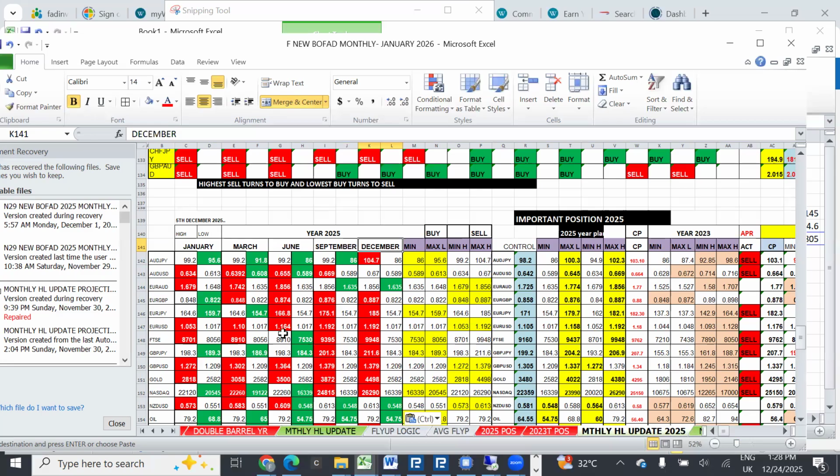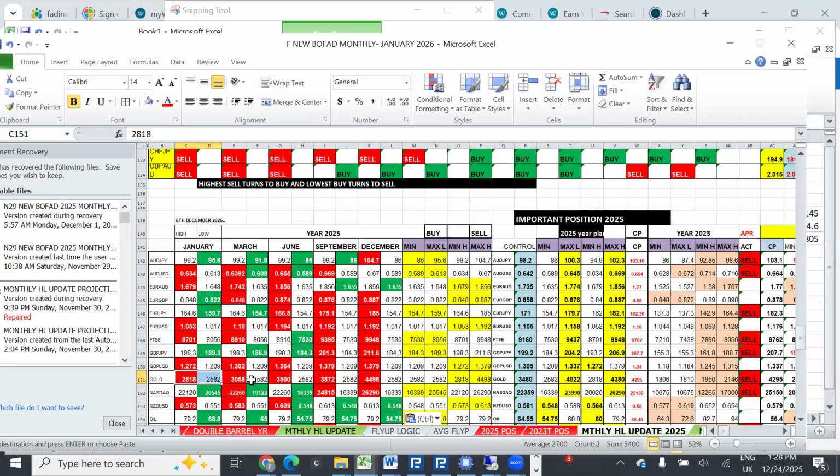So that's a summary of the information we have at the top, broken down on a quarterly basis. For example, look at gold. Beginning in January, we have 2818 with 2582 as the lowest.